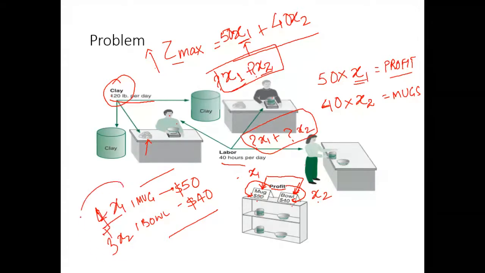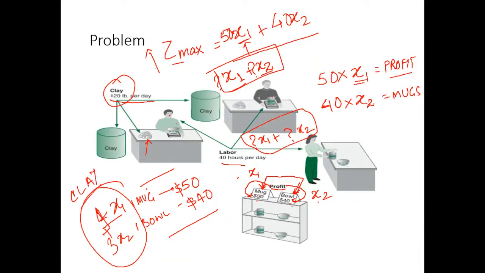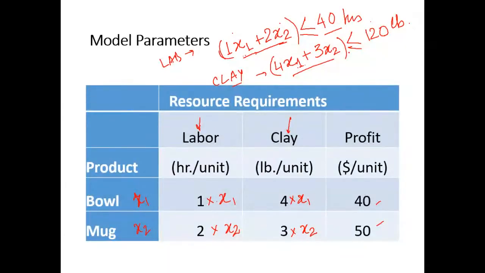So this total, 4x1 plus 3x2, is the total amount of clay required for making mugs and bowls together. But how much is available? 120 pounds. So that's why we have to write the constraint equation as 4x1 plus 3x2 has to be less than or equal to 120 pounds.